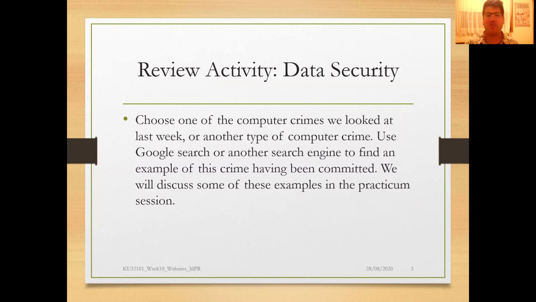Then we will discuss some of the examples that you find in the practicum session. Maybe you can find a Wikipedia entry or a news story or something like that. And then we're just going to talk about it.